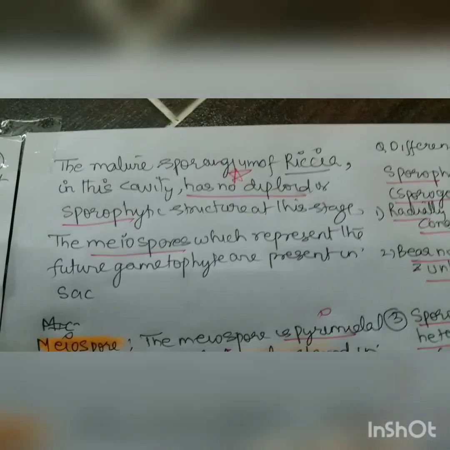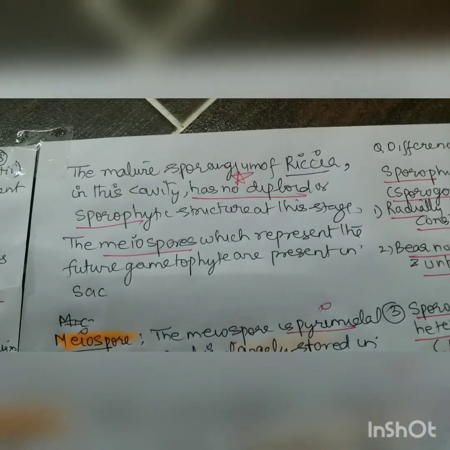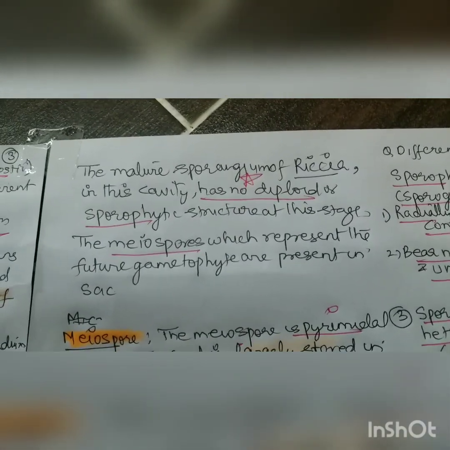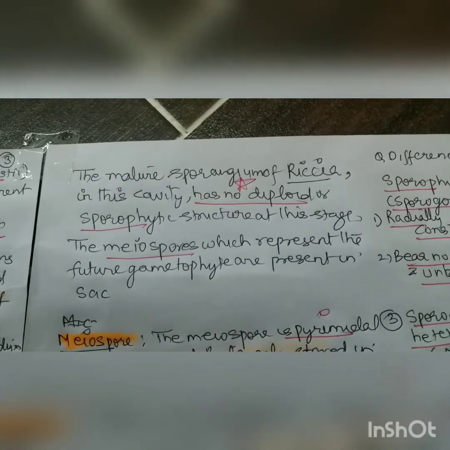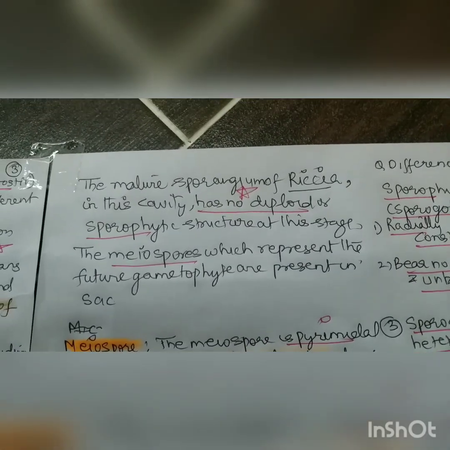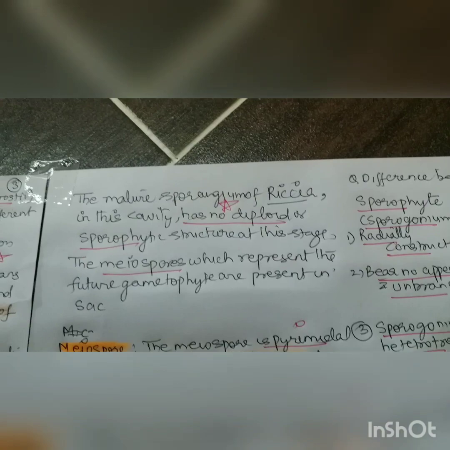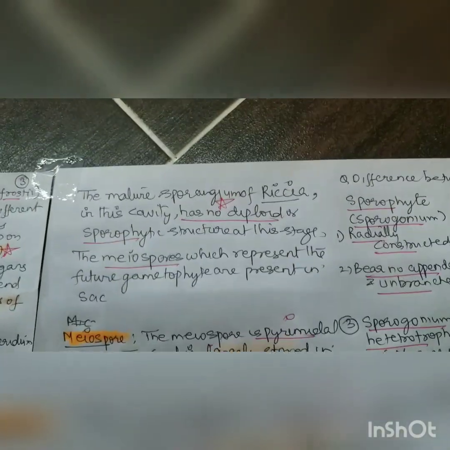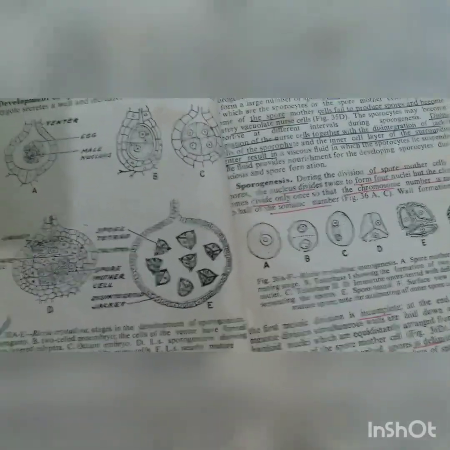So then we are coming to the next, the mature sporogonium of RICCIA. In this cavity there is no diploid or sporophytic structure at this stage. So when we look at the structure of the sporophyte, you will see this is the sporophyte.